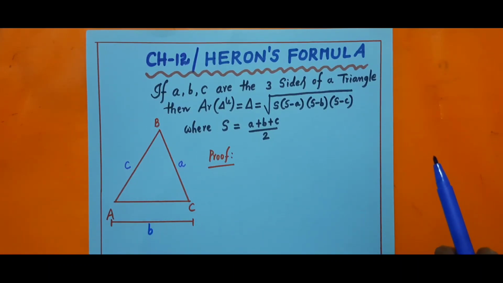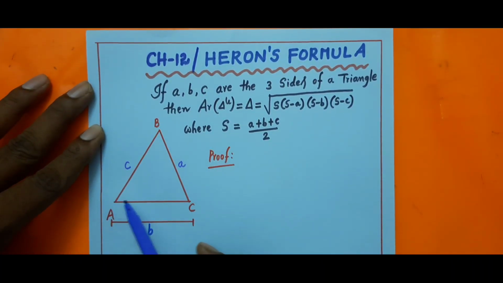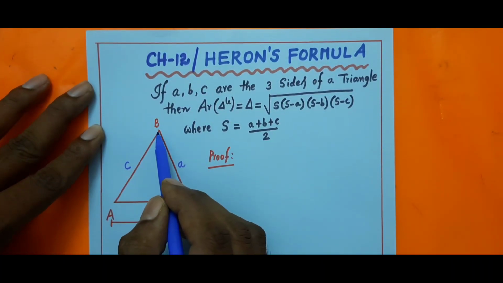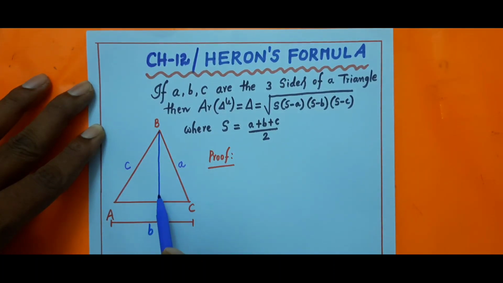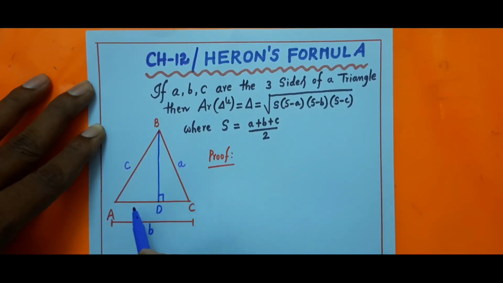Here you just draw a perpendicular from B to its opposite side AC. Let us suppose BD perpendicular to AC, and you just take AD is equal to x.